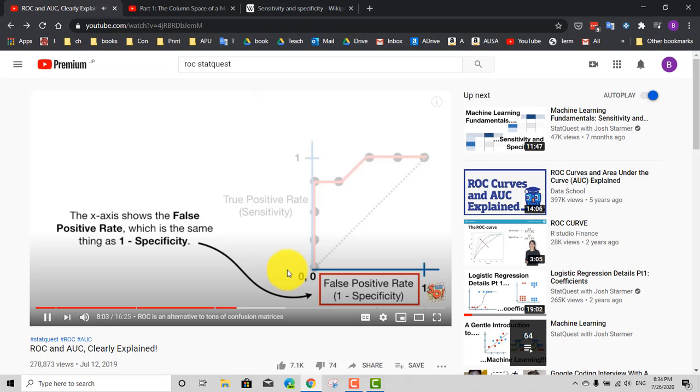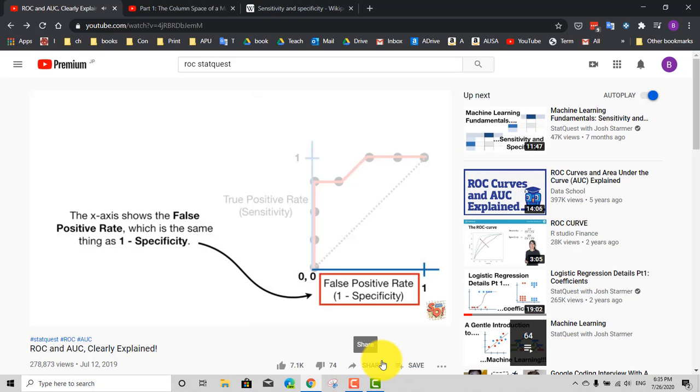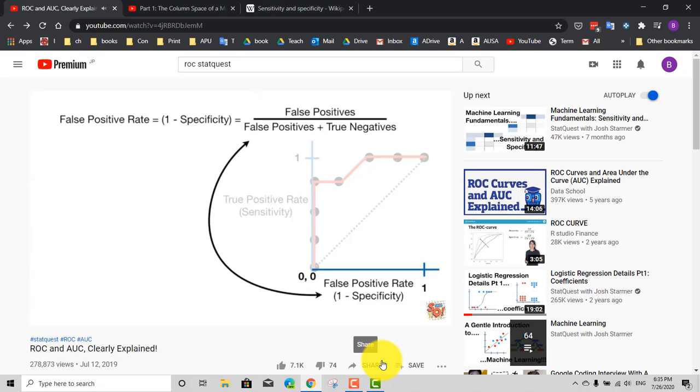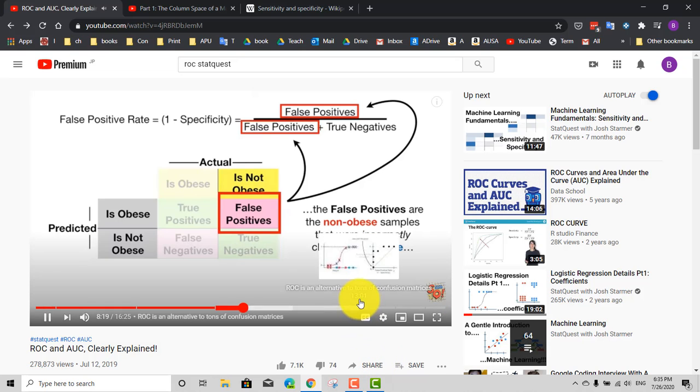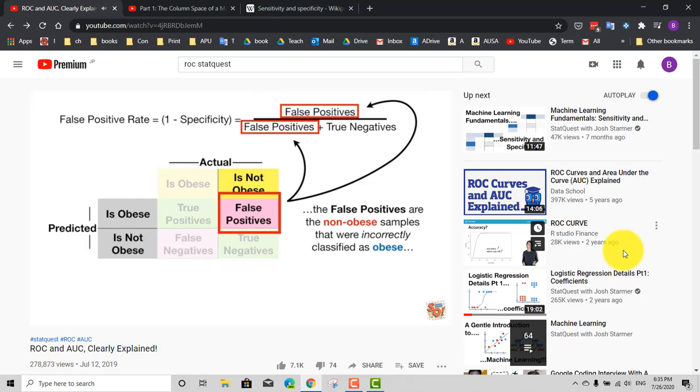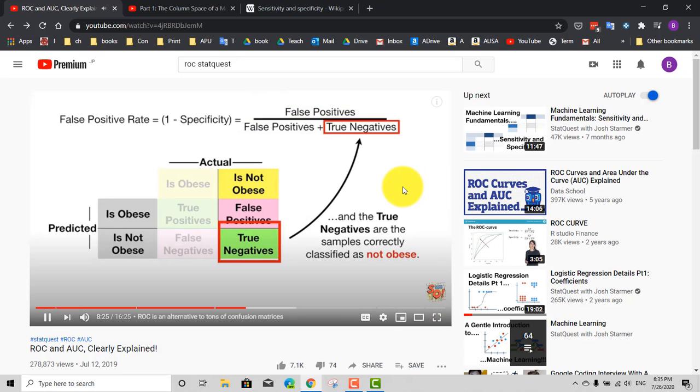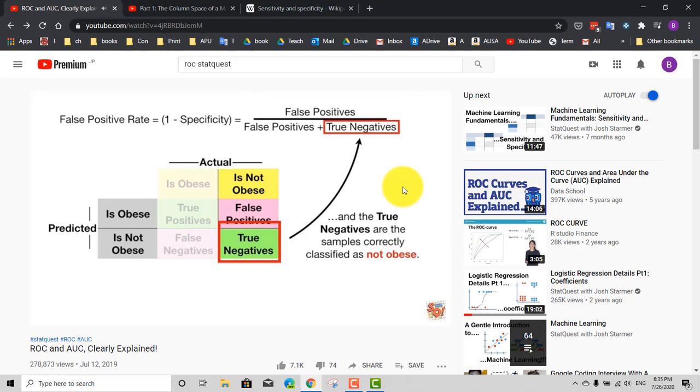The x-axis shows the false positive rate, which is the same thing as 1 minus specificity. The false positive rate is the false positives divided by the sum of the false positives and true negatives. The false positives are the non-obese samples that were incorrectly classified as obese, and the true negatives are the samples correctly classified as not obese.